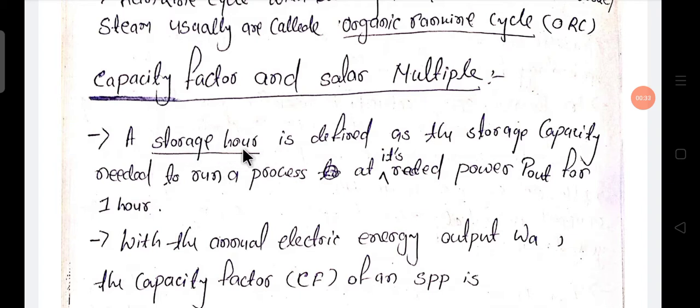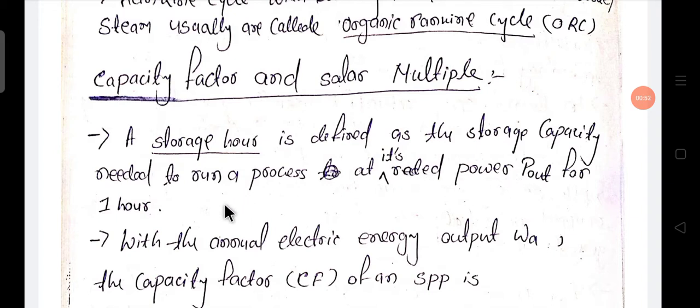Okay, this term, storage hour. What do you mean by storage hour? A storage hour is defined as the storage capacity needed to run a process at its rated power output for 1 hour.